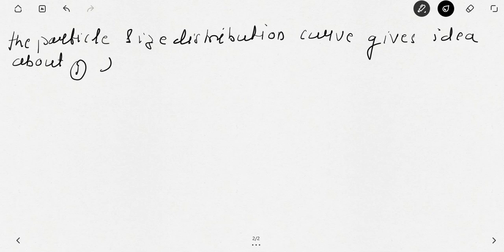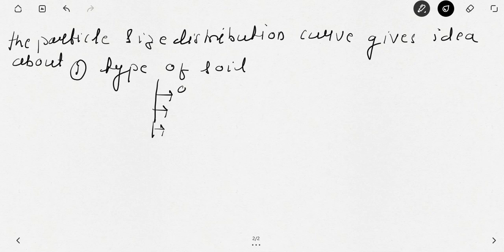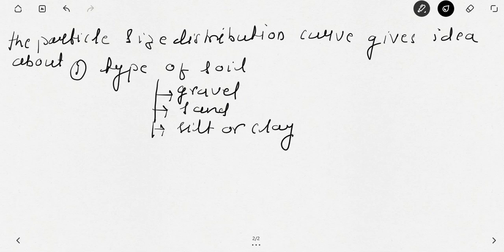First, type of soil. That is, by looking at particle size distribution curve, you can interpret whether the soil is gravelly soil, whether it is a sand or silt or clay. This is the understanding about type of soil. We can find out the type of soil by looking at particle size distribution curve.